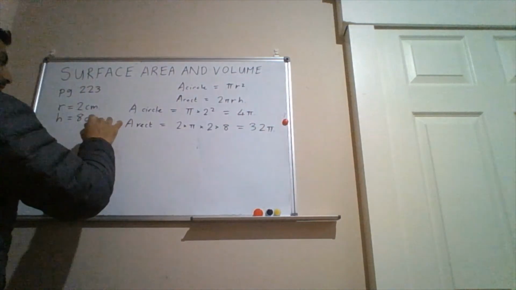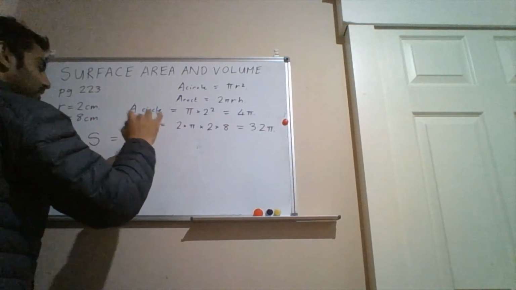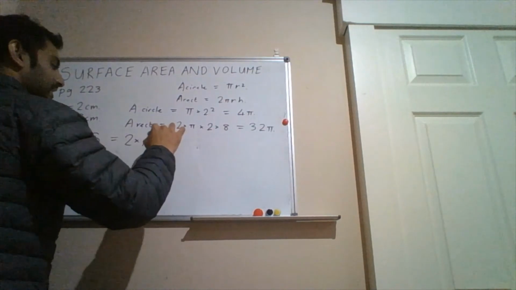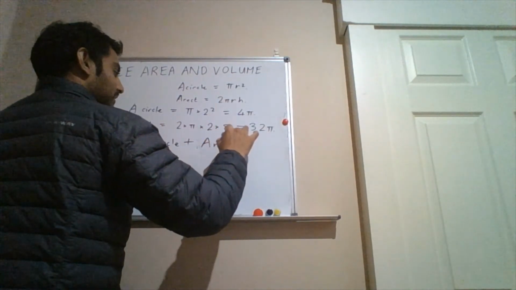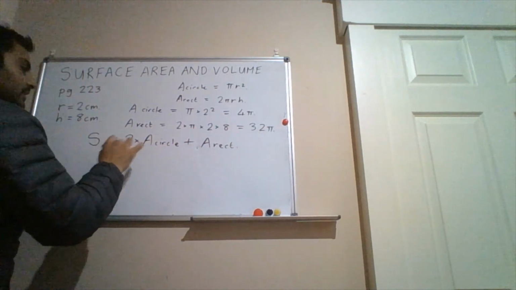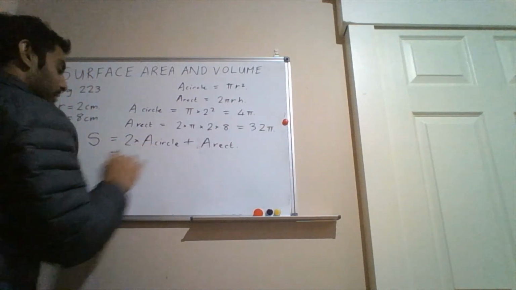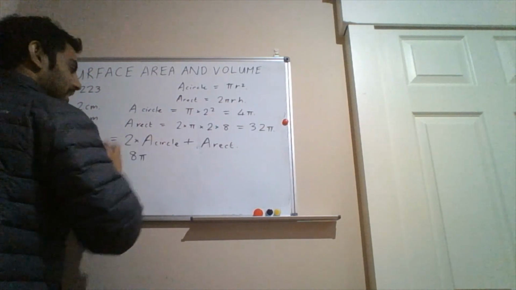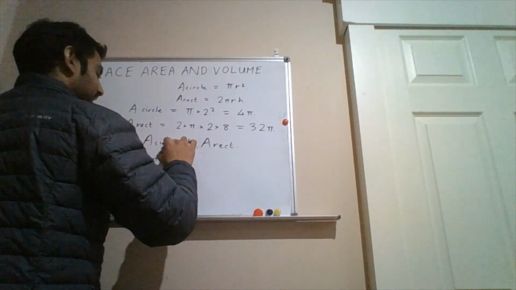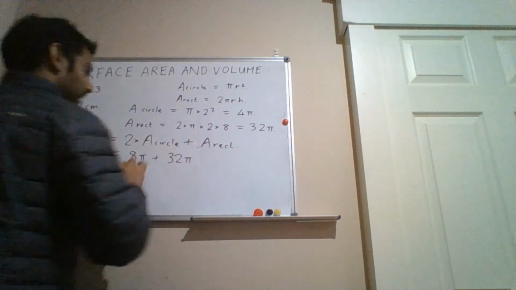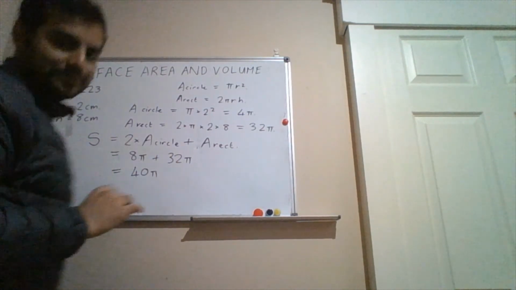Okay, now the surface area, S, is going to be 2 circles, so it's 2 times the area of the circle plus the area of the rectangle. So 2 times the area of the circle is going to be 2 times 4 pi, which gives us 8 pi. And then we add the area of the rectangle, which is 32 pi, and this gives us 40 pi.